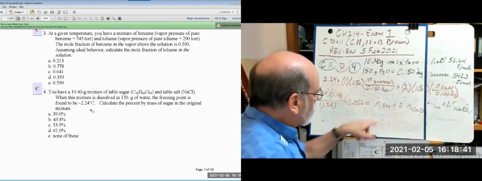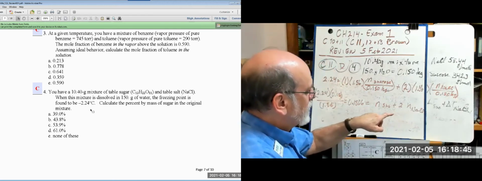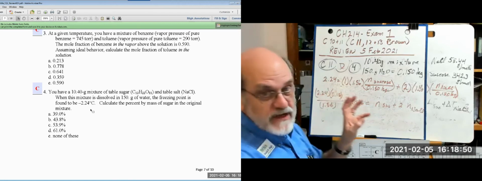Now, what do we know about the moles of sucrose and the moles of sodium chloride? Well, we have an expression for the mass of each one.